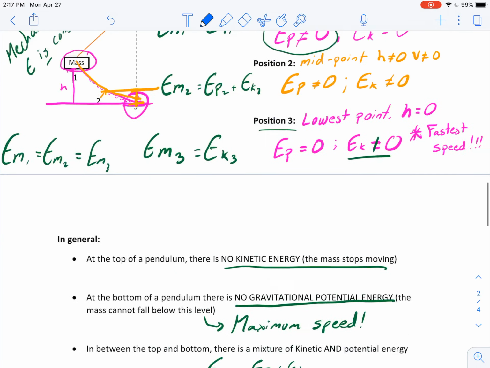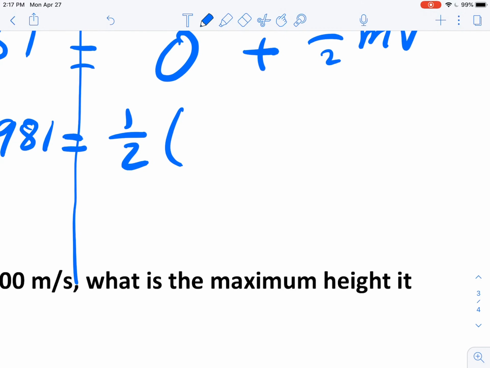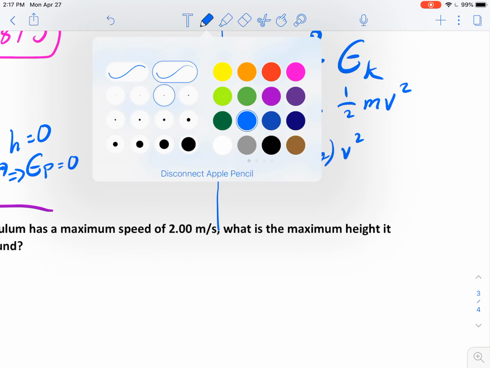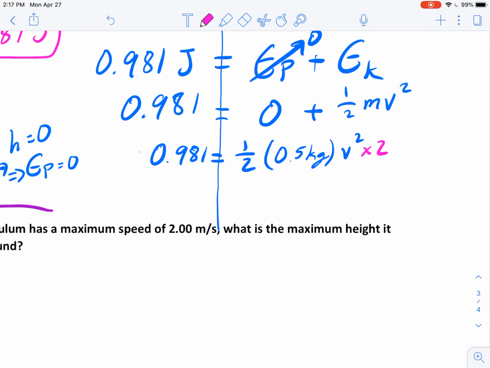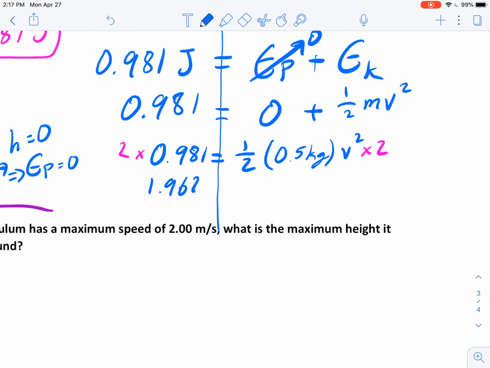If we put in our mass, which was 500 grams, so 0.5 kilograms, times v squared. We need to solve for v squared, or v. We're going to first multiply both sides by 2 to get rid of that half. You're going to get 1.962 equals 0.5 v squared.